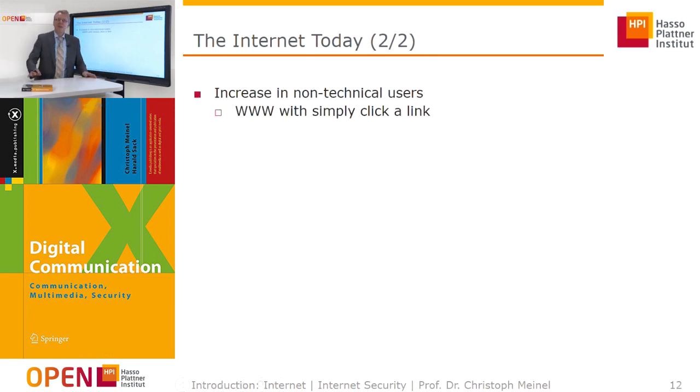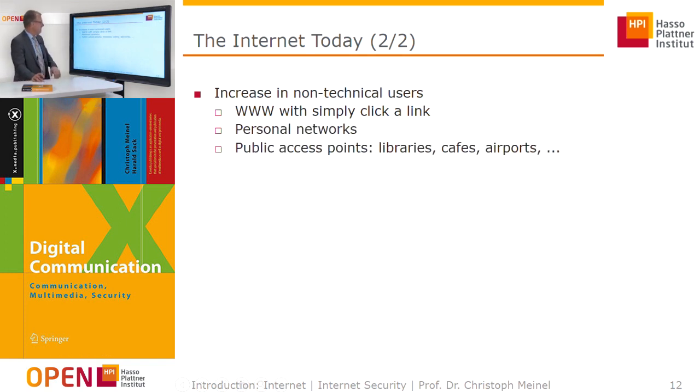Also, the number of people using the internet is increasing, and also the variety of their knowledge. So non-technical users can use the internet, for example the World Wide Web, simply by clicking on a link. No complicated commands need to be remembered. Click and then this information or the service is started.